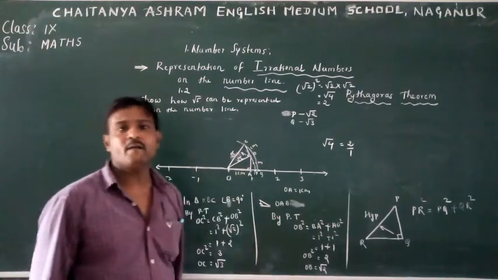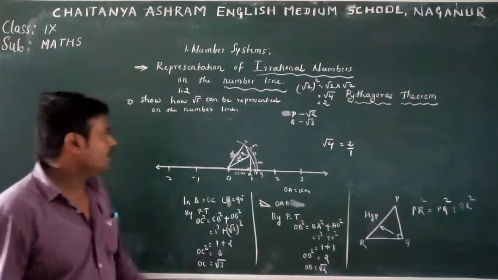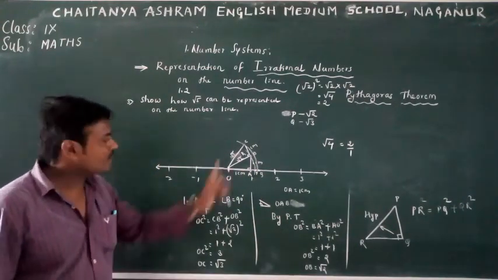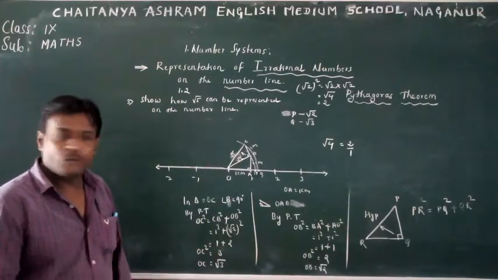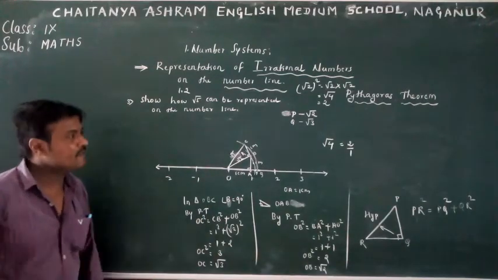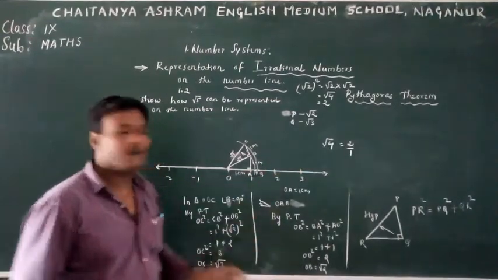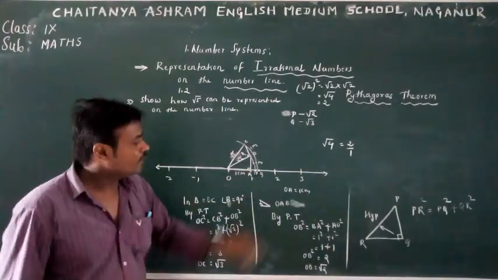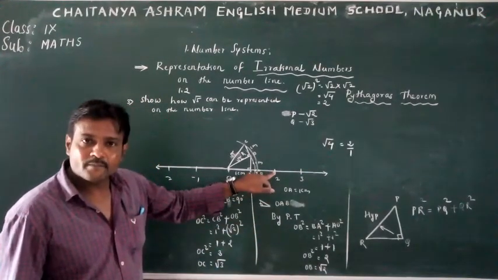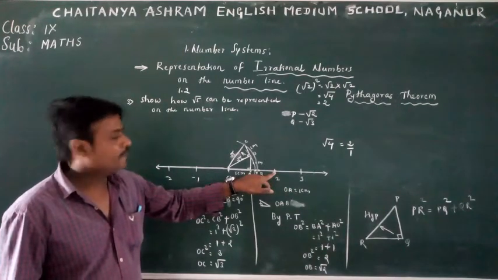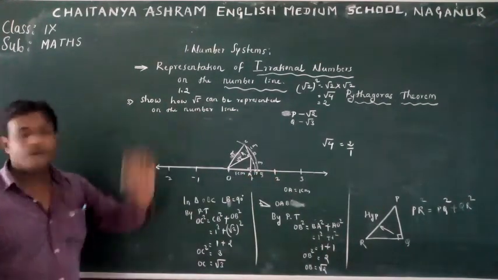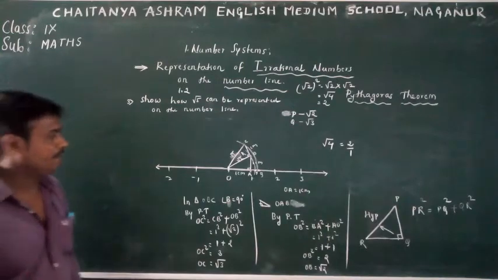Now we follow the same process. Root 4 is nothing but 2, exactly 2 here. Then root 5 on the number line.